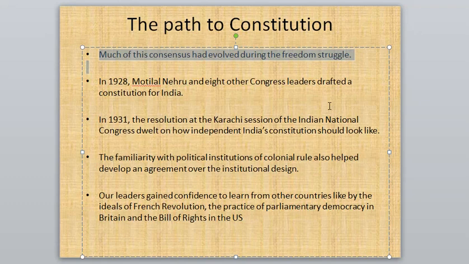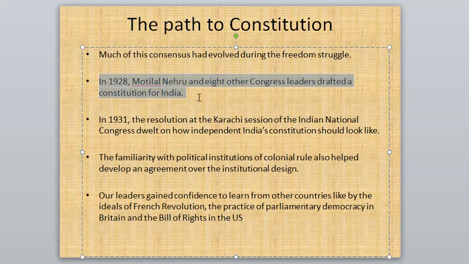Means what our constitution would look like, we had almost finalized during our freedom struggle against the British, because in 1928, Motilal Nehru and 8 other Congress leaders drafted the Constitution of India, also known as the Nehru Report.